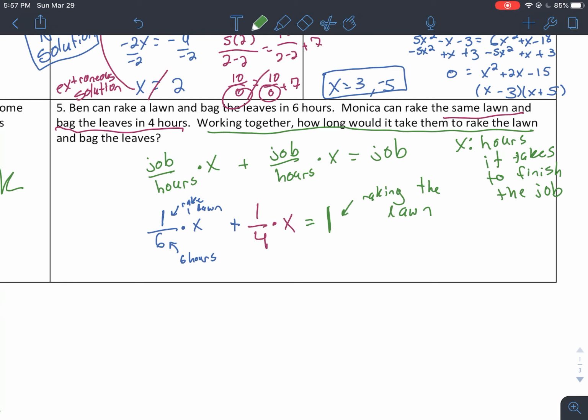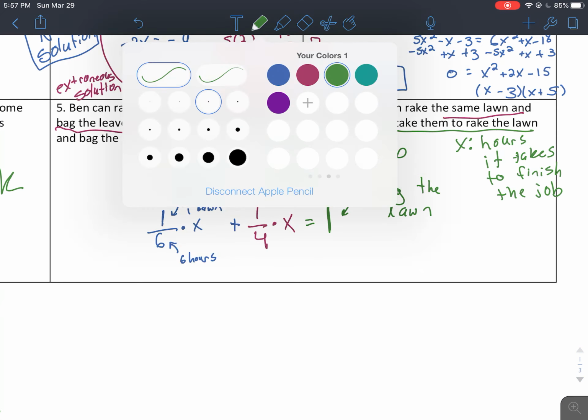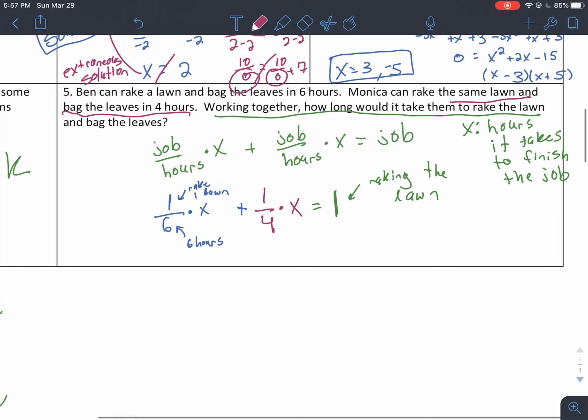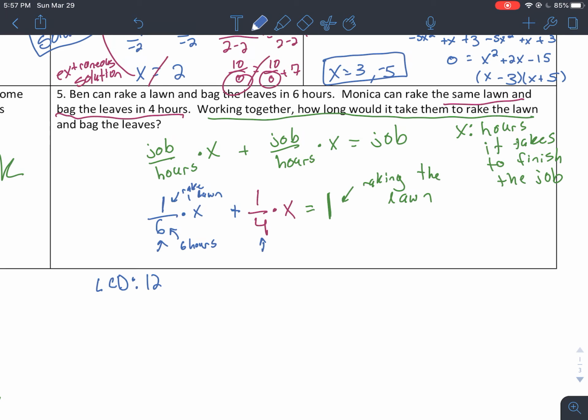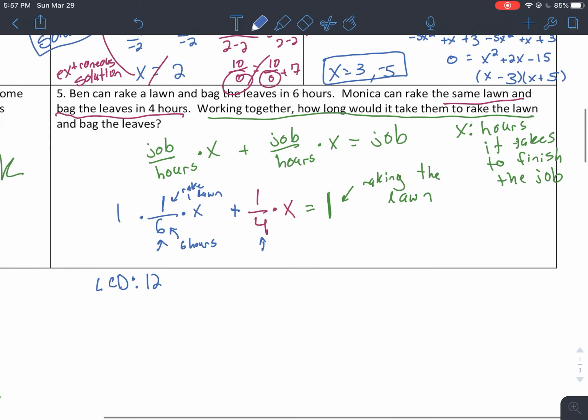So now we need to solve for this question. Many ways to go about it, but the easiest way, least common denominator, and then solve for x. Okay, so we say LCD, least common denominator. We have 6 and we have 4. The smallest number that both of those things go into, 12. So then we multiply everything by 12.